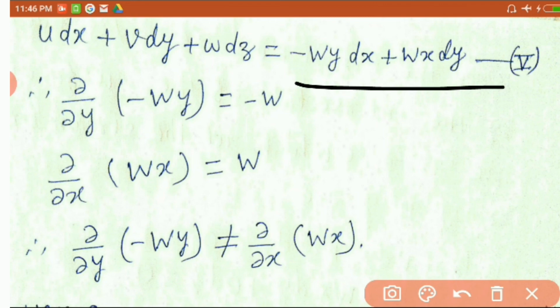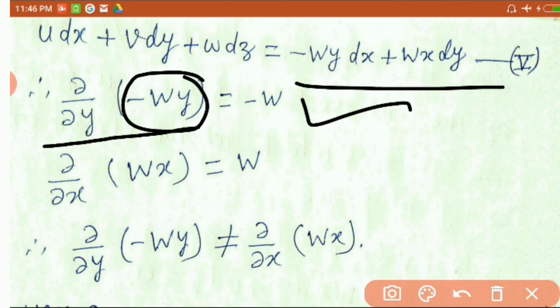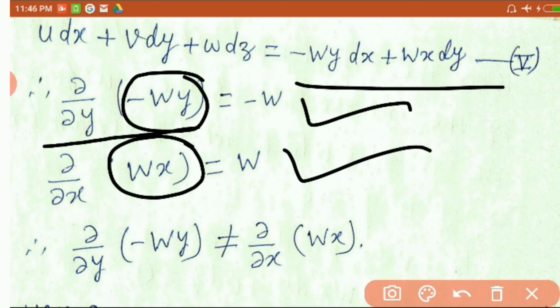The derivative of minus wy with respect to y is minus w, and the derivative of wx with respect to x is w.